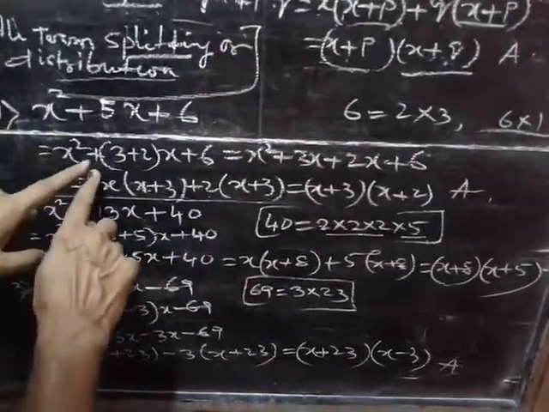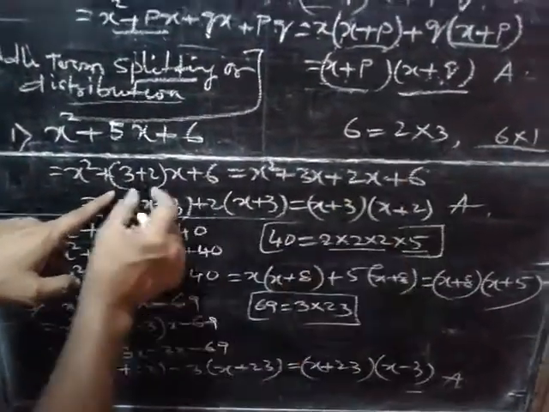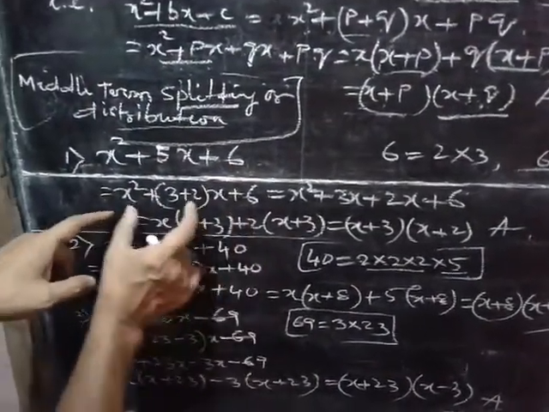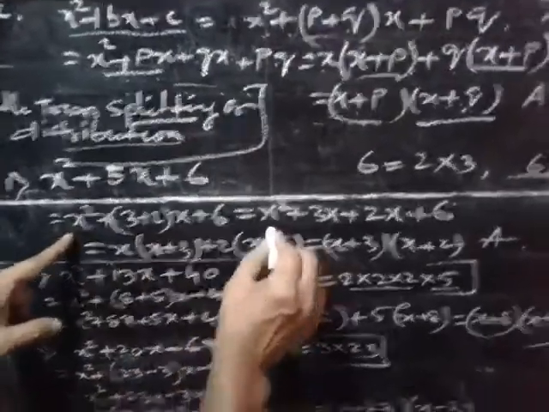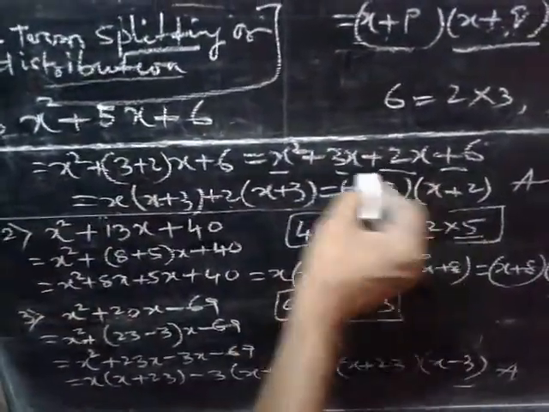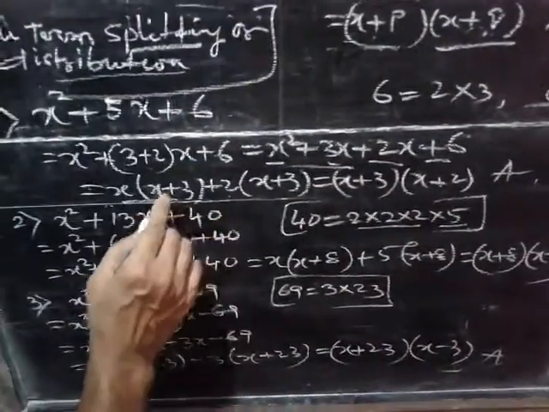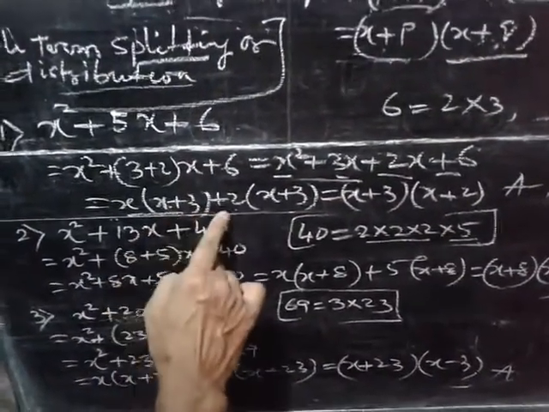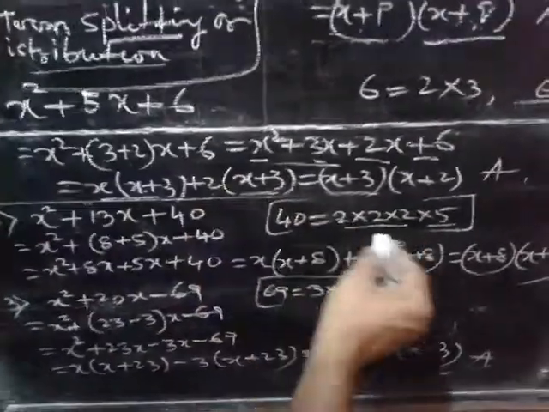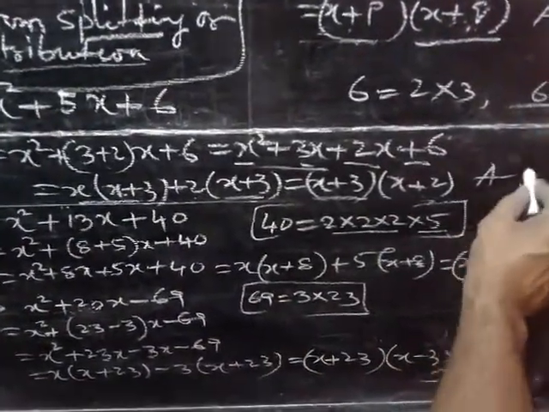So x square plus 3x plus 2x plus 6. Now, from these two, take x common: x into x plus 3, plus 2 into x plus 3. The x plus 3 is common, and the remaining is x plus 2, and this is your factor.